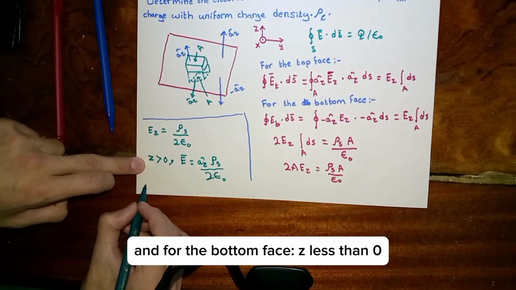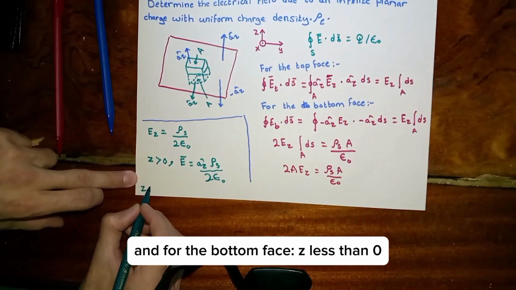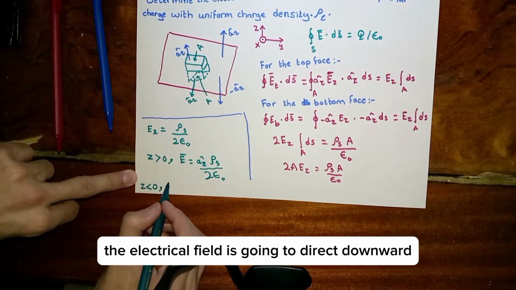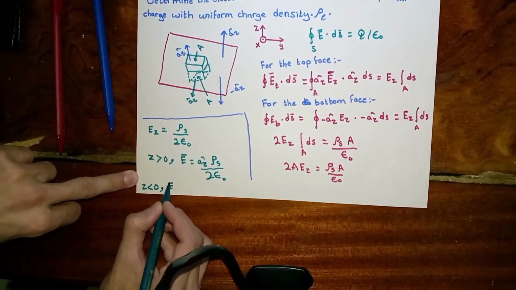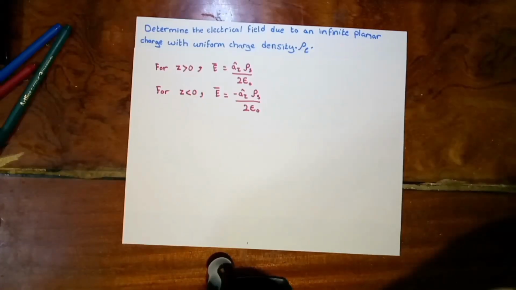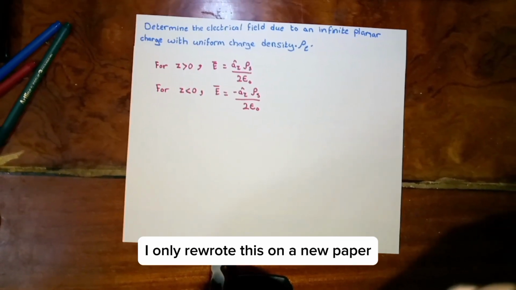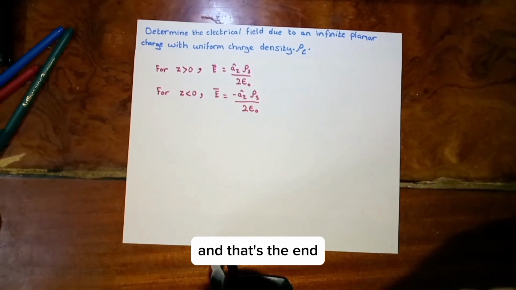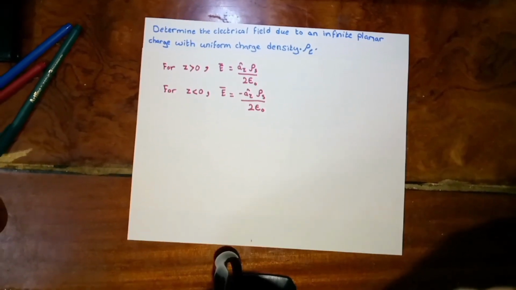And for the bottom face, z less than 0, the electrical field is going to be directed downward. This is the final answer. I only rewrote this on a new neat paper, and that's the end. See you in another video.